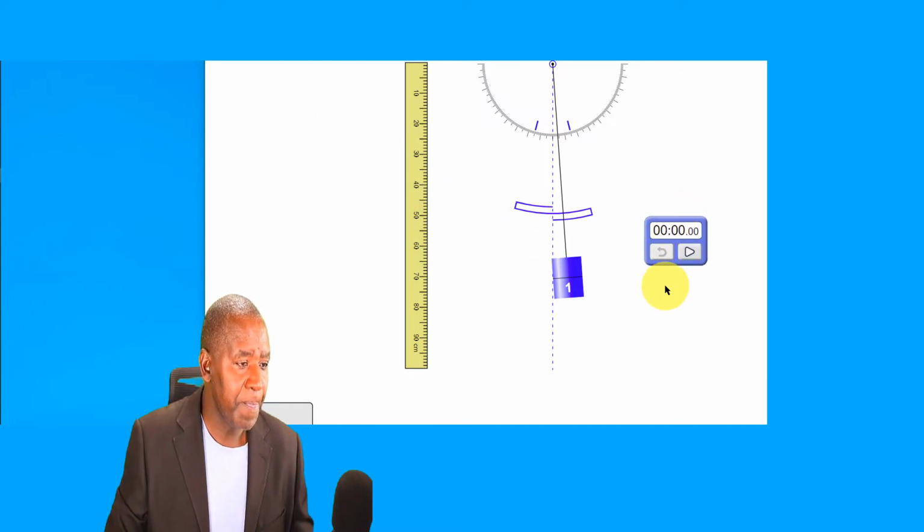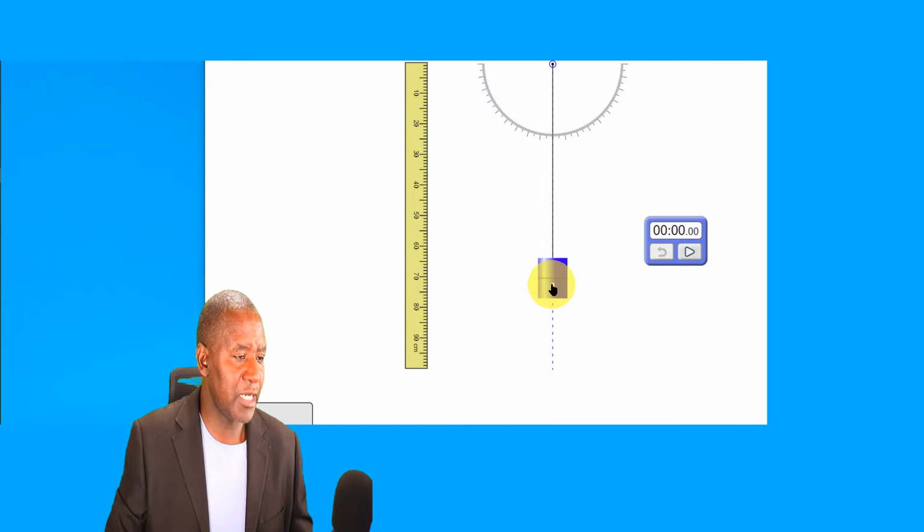Here it is, and I wanted to measure the time for one complete oscillation. So let's start from some point there, and I'm going to set it in motion, and then also start the stop clock.